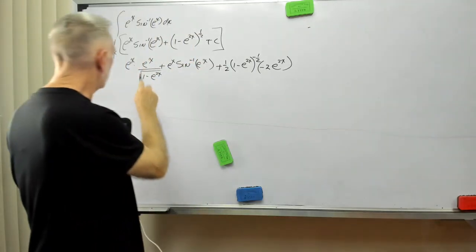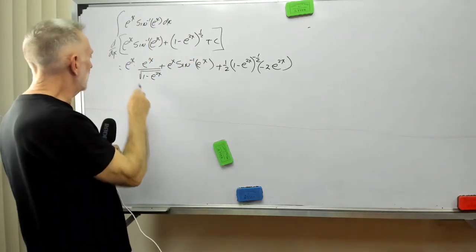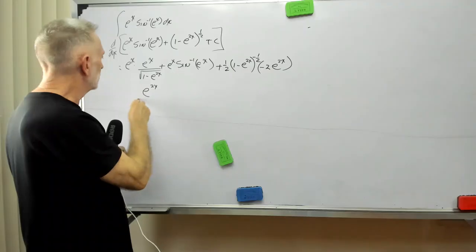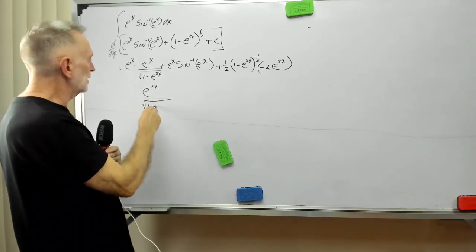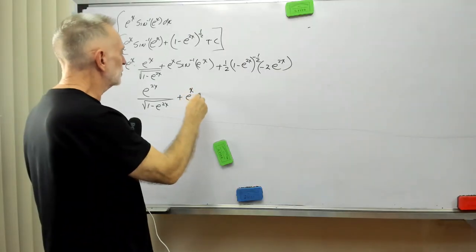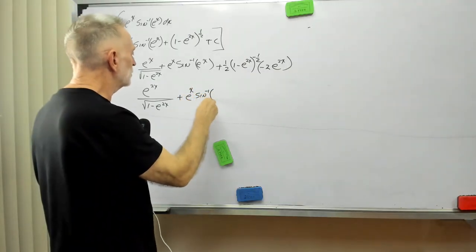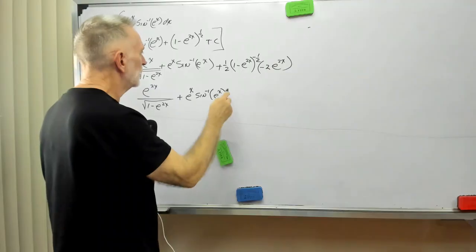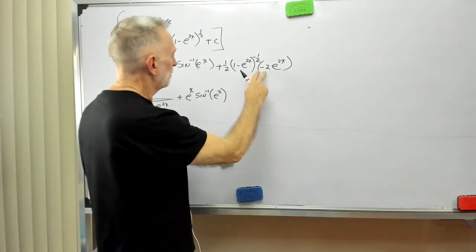So what do I have? e to the x times e to the x is e to the 2x over the square root of 1 minus e to the 2x, plus e to the x sine inverse e to the x. What do we have here?